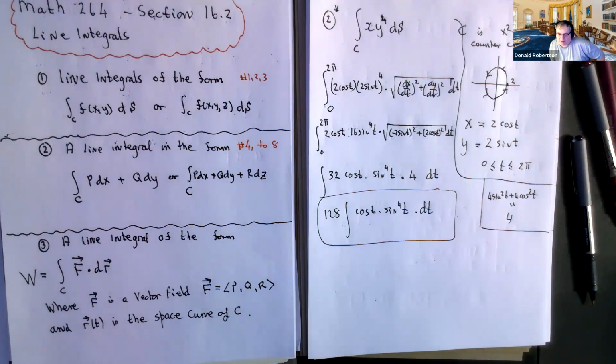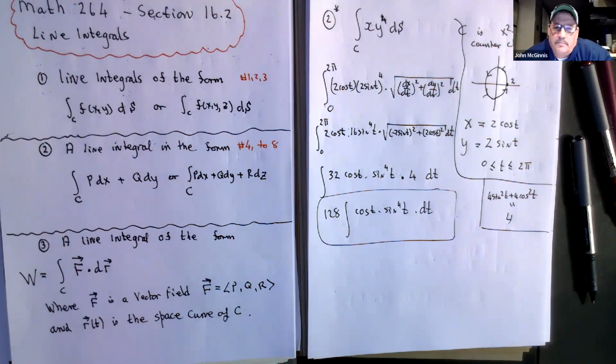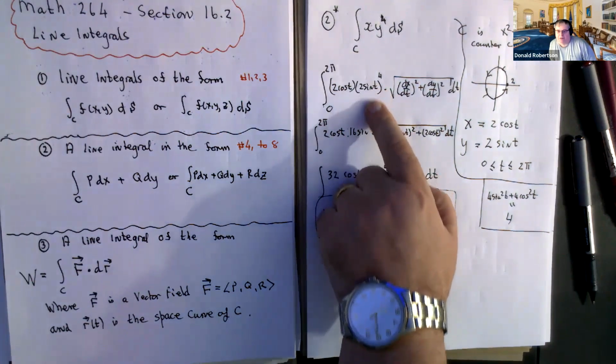You tell me what u sub you should use for this integral here, because there's one u sub that is easy and one u sub that doesn't work. The 4 doesn't become a 2. No, the 4 is from this bit here.